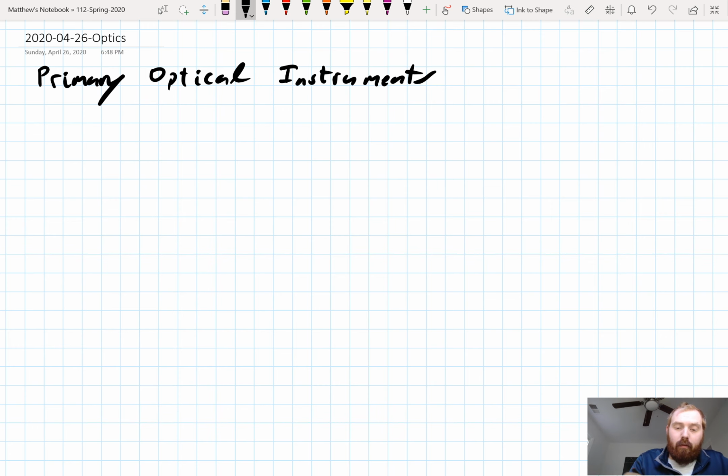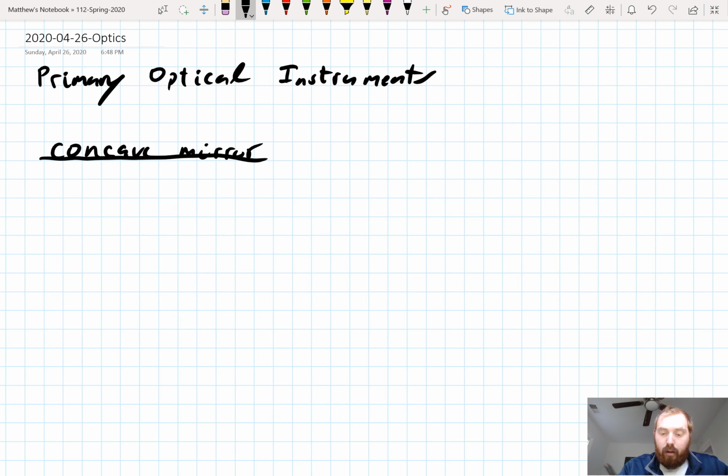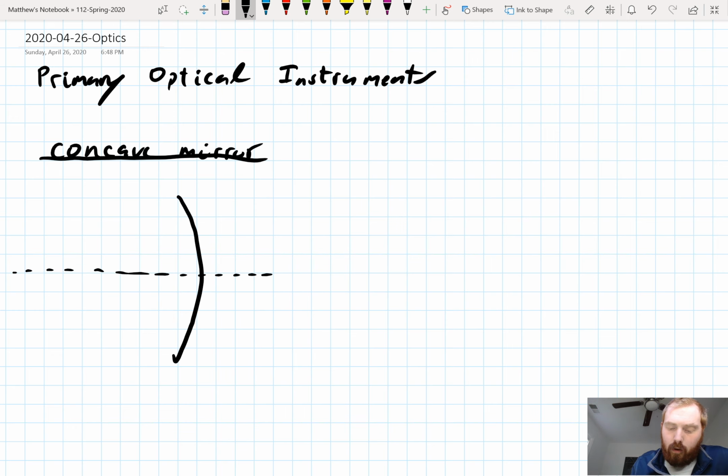We're going to have a concave mirror. So here's the setup. Here's my mirror. It caves inwards. This is going to be my optical axis.